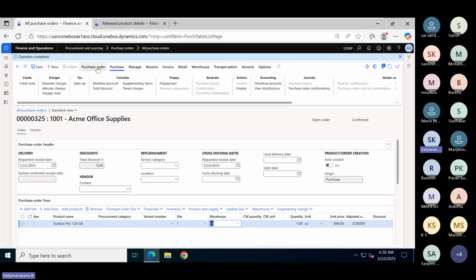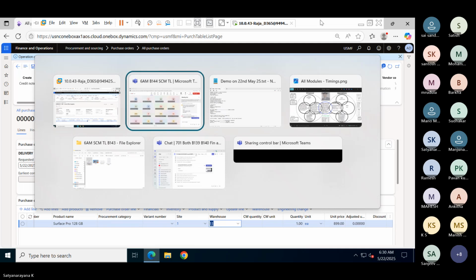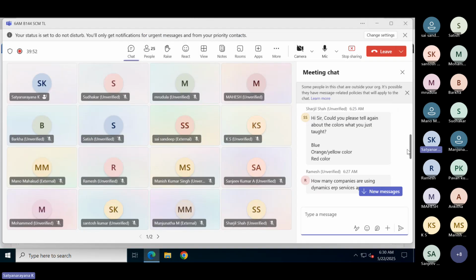Okay, this is blue color, operation completed. Yellow color is warnings. Okay, that's what it is.